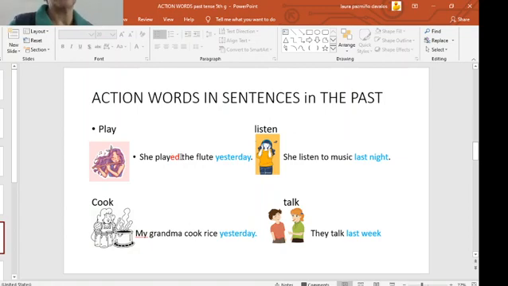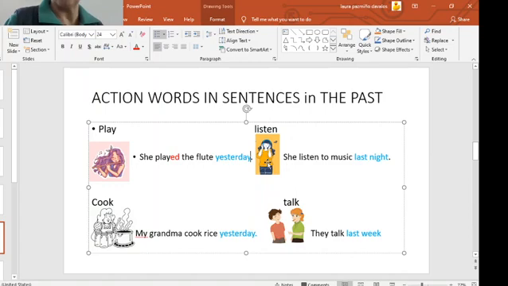Está en pasado. ¿Qué nos ayuda a que la sentence nos explique, nos dé la idea que es en past tense? ¿Qué palabra más nos ayuda? Yesterday. Esta es la time expression word. Entonces, estas dos combinan perfecto. She played the flute yesterday.